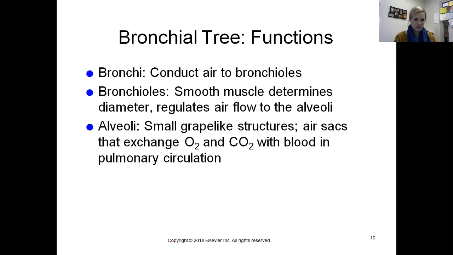And they're air sacs that exchange oxygen, abbreviated there as O2, and then CO2, which is carbon dioxide. And it helps to exchange that with our blood in that pulmonary circulation. Remember, we talked about pulmonary circulation when we talked about the circulatory system. That pulmonary circulation just meant that it's the exchange of oxygen and carbon dioxide within the lungs.